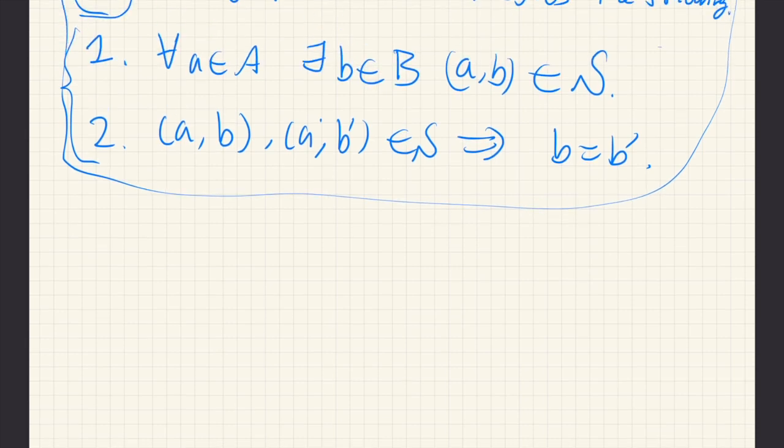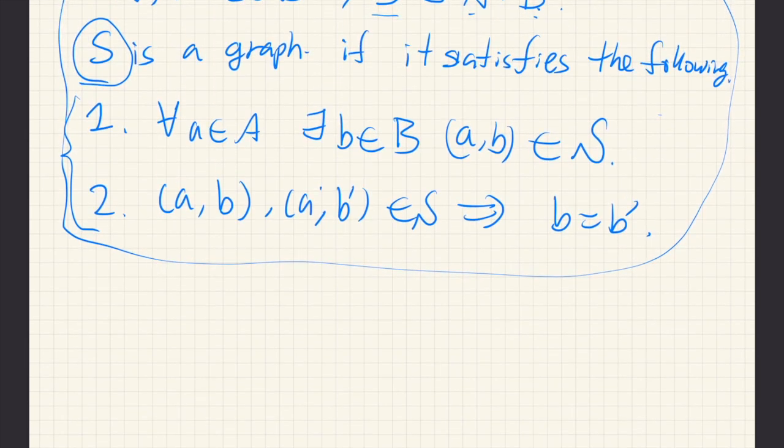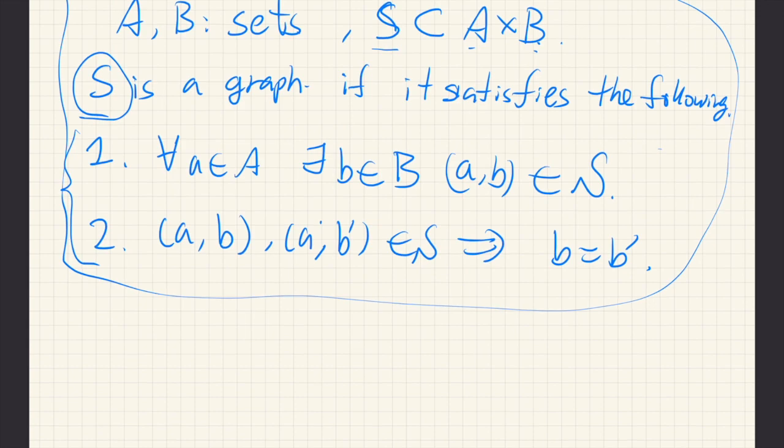So let's try to define a map. But first of all, let's examine these conditions in more detail. The first says, for every element in A, there is some B such that this pair belongs to S. Okay, so this is fine. And the second one, if (A, B) and (A, B prime), two pairs, are in the graph S, then the second elements are equal. So that means for every element A, the second element is determined uniquely.